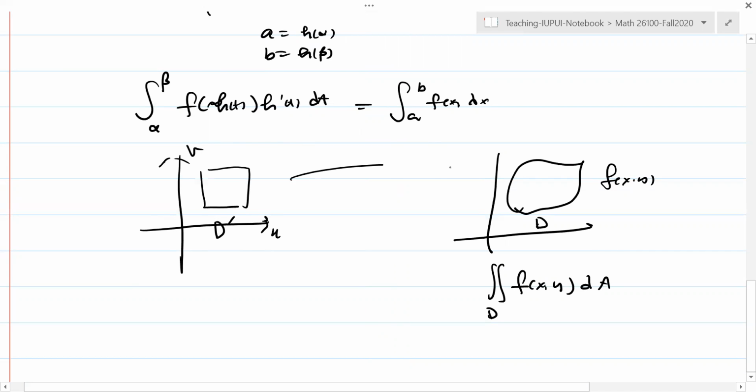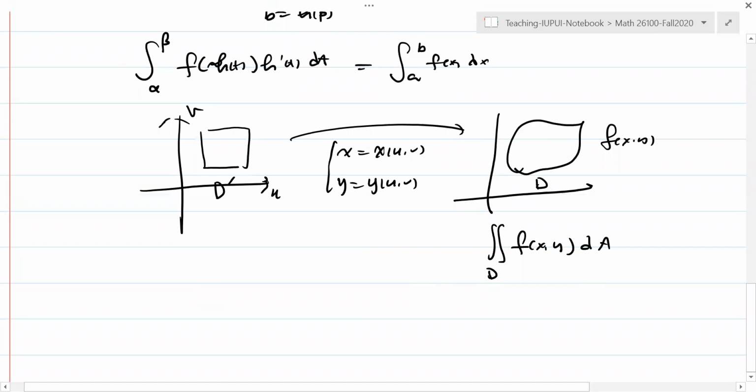So there's a map sending this better region over to that region. So x is x of u, v, y is y of u, v, depends on u and v. Then this double integral can become a double integral over this region, so here f is replaced by this function of u, v.